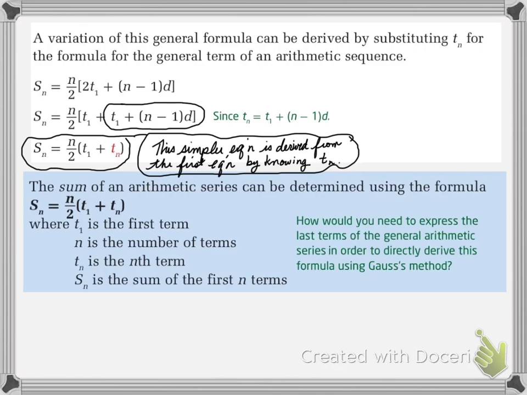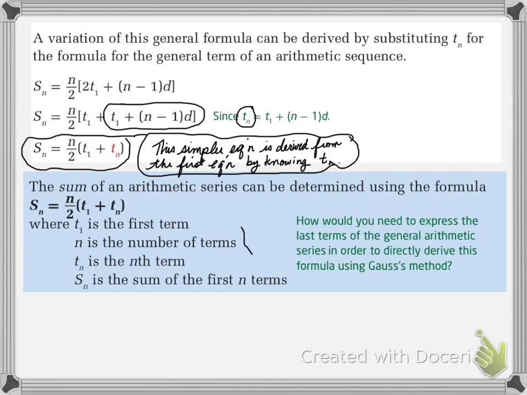And remember that that's the same as Tn. So if you substitute Tn, the last term, for all of that, you're left with Sn is equal to n divided by 2 times T1 plus Tn.